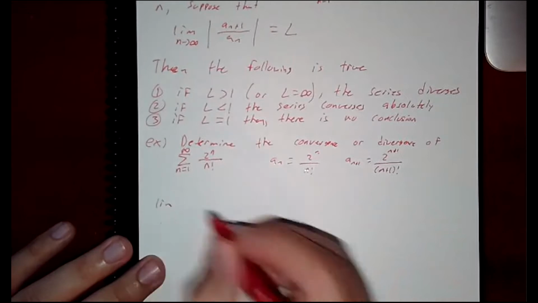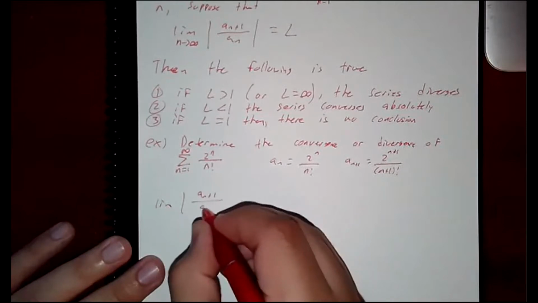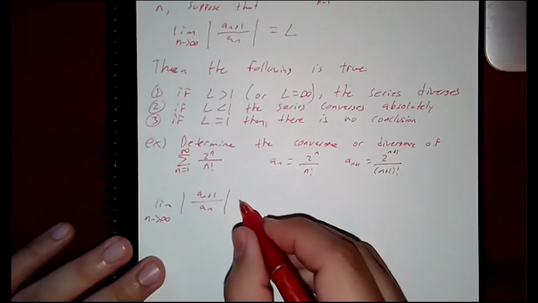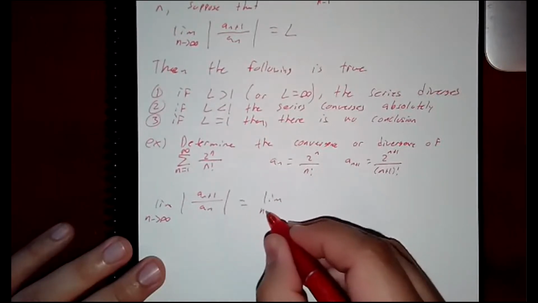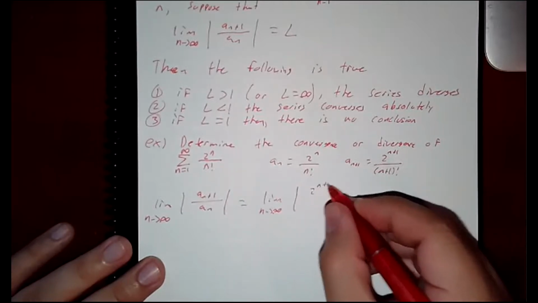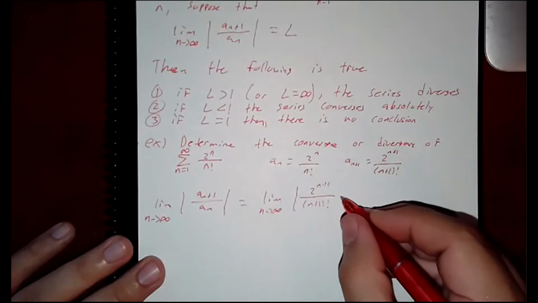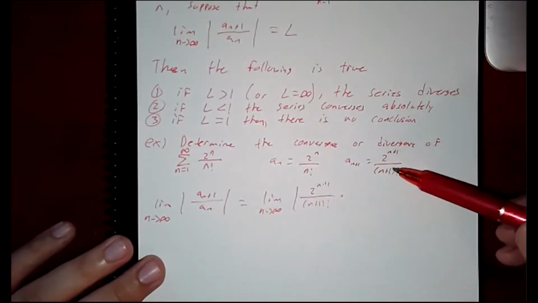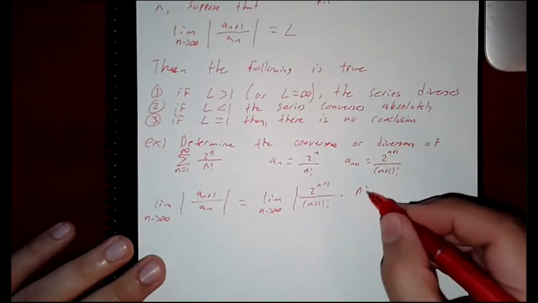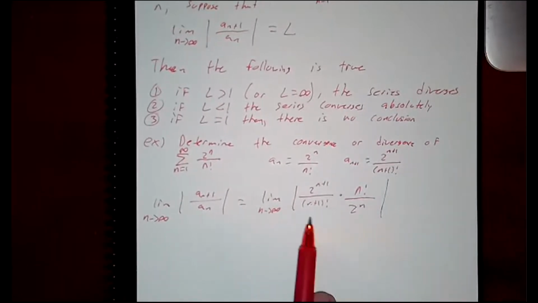So what is the limit of a_(n+1) over a_n as n approaches infinity? I'm going to put a_(n+1) on top and a_n on the bottom, which means you flip it over and multiply, right? I skipped an algebra step here.